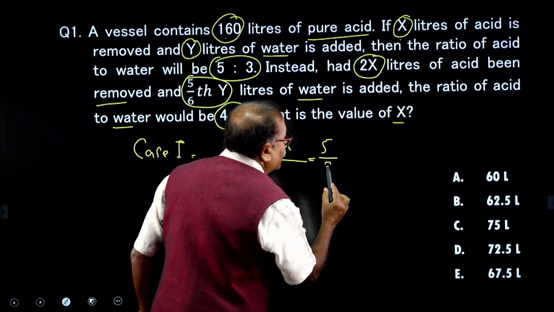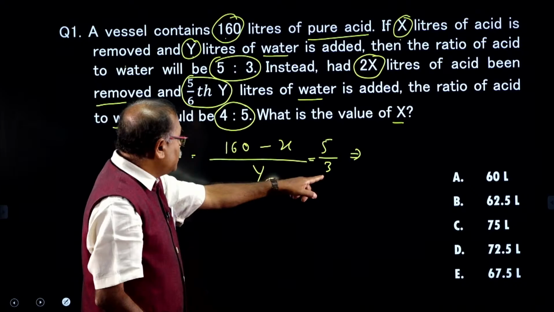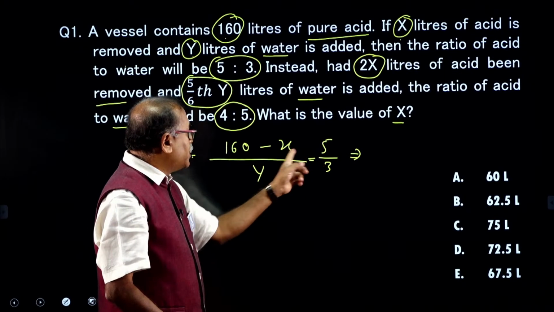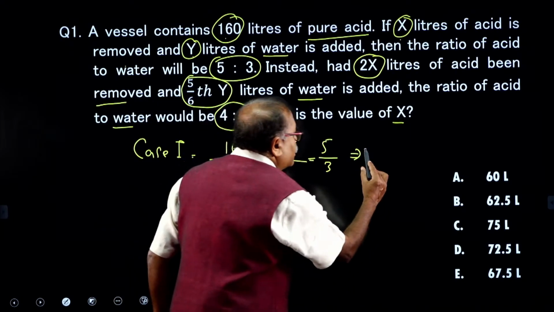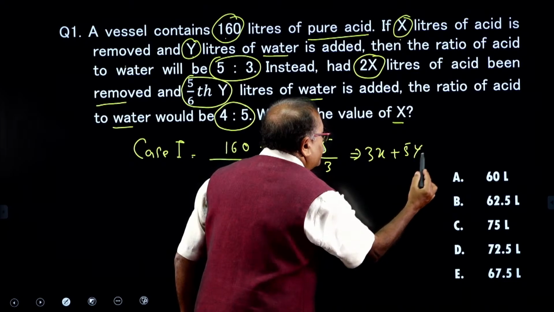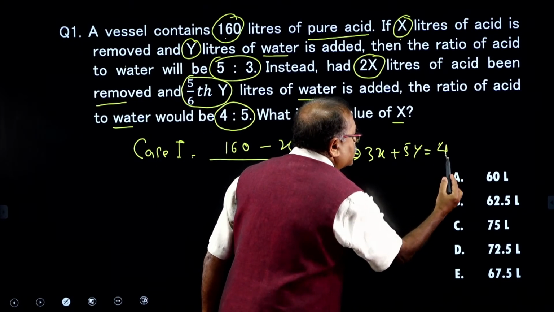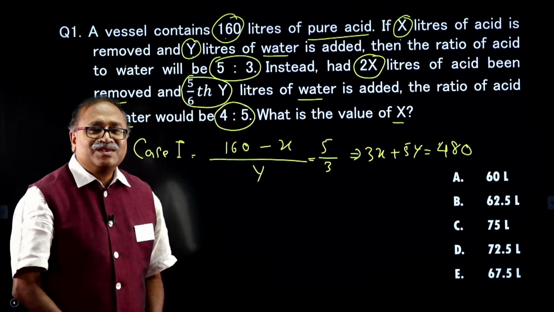Can you simplify this? Yes, I notice that here there is 480 and here 5x plus 3y. So, I can write down this one as 3x plus 5y, which is equal to 480. I got one equation.